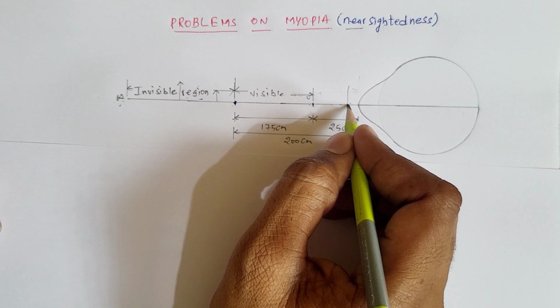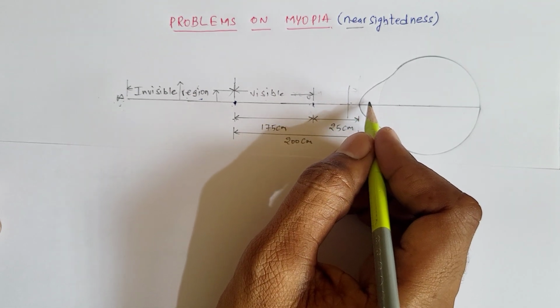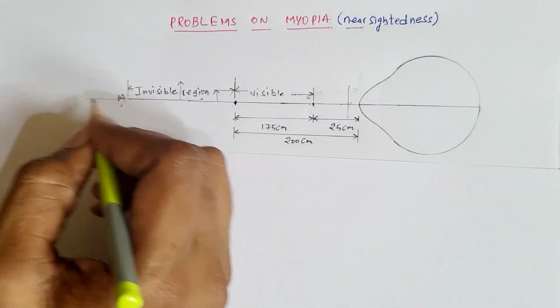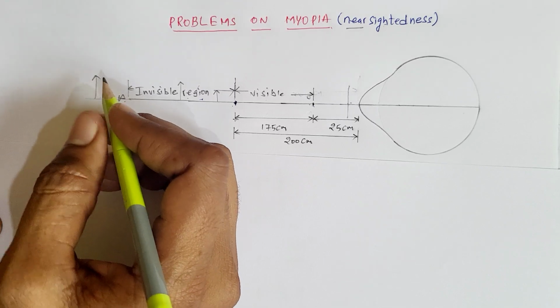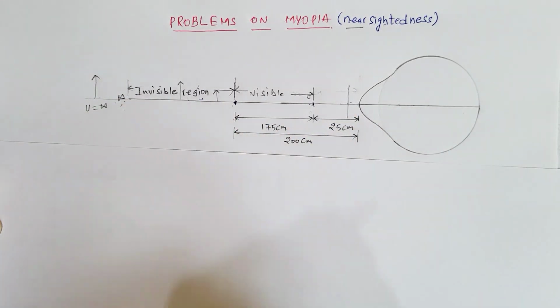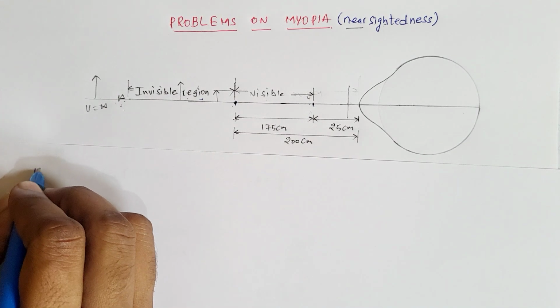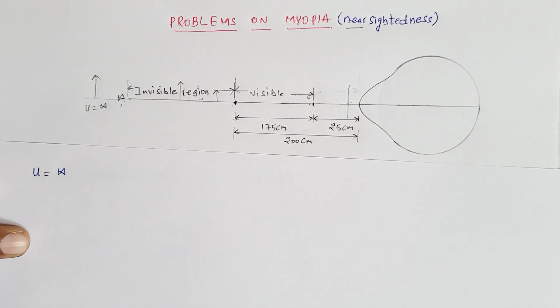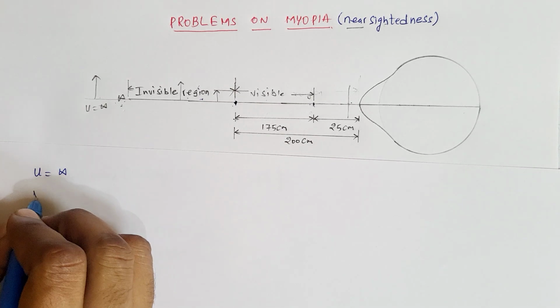The lens should help the person in such a way that even if the object is placed at infinity, the person should be able to see clearly. That's why the object distance in myopia is infinity. And where is the image distance?